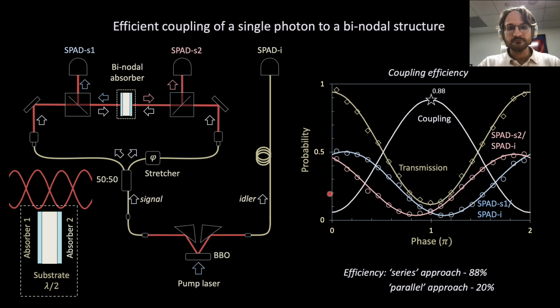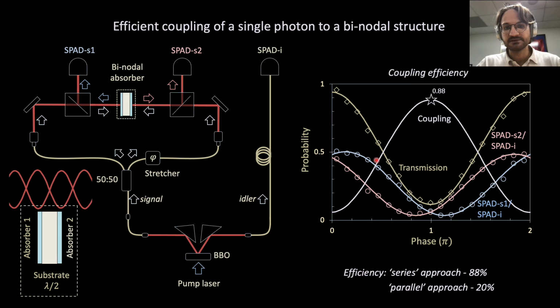In the experiment, we measure the probability of the photon to be detected at this single photon detector or this single photon detector, these blue and red curves, as a function of the phase. And if we sum up these two curves, we get the total probability of photon transmission through the binodal structure.